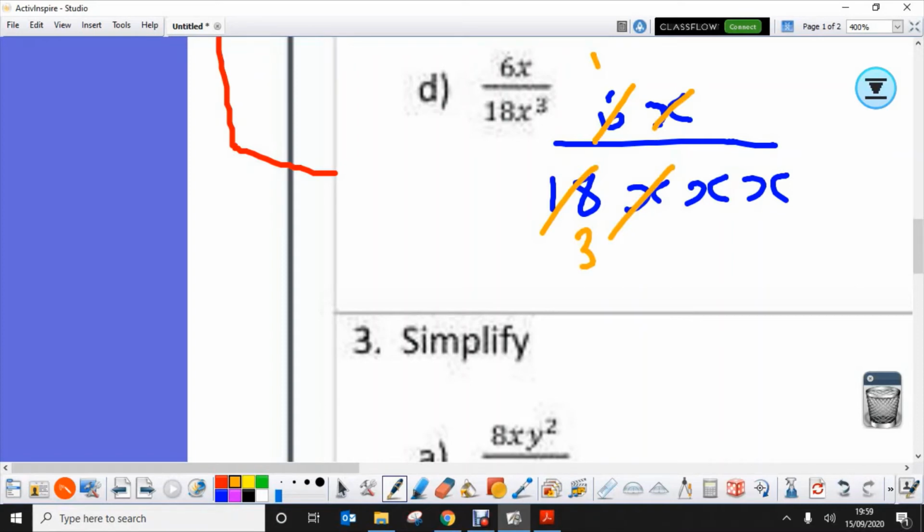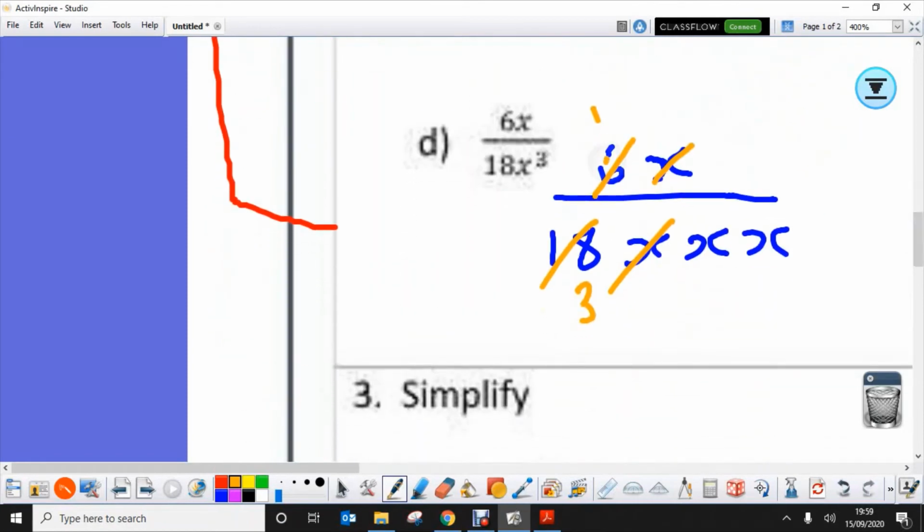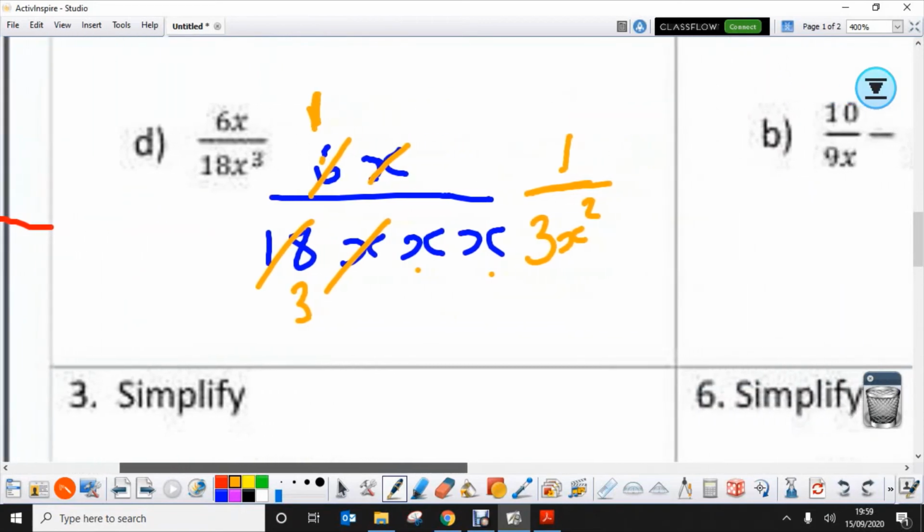And this time, what have I got left on the top of the fraction? Because I've cancelled everything. Remember, 6 goes into 6 once, so it's a unit fraction with 1 at the top. Everything else has been cancelled. What have I got on the bottom? I've got my 3 and I've got x squared. So my answer would be 1 over 3x squared.